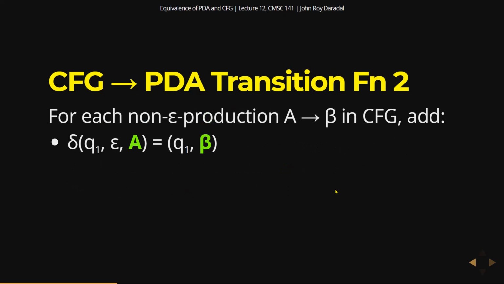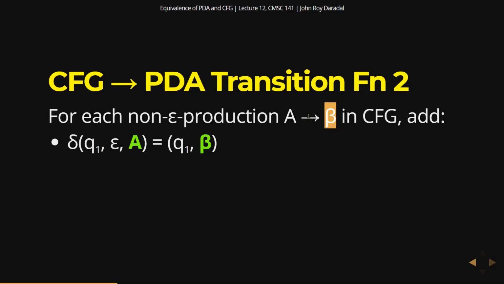Next, we know that the grammar has several productions. For each of these productions, for as long as they are not epsilon productions, so for each non-epsilon production A to beta, where A is a variable and beta could be a combination of variables and terminals, right? The right hand side could be pure variables, pure terminals, or a combination of both.